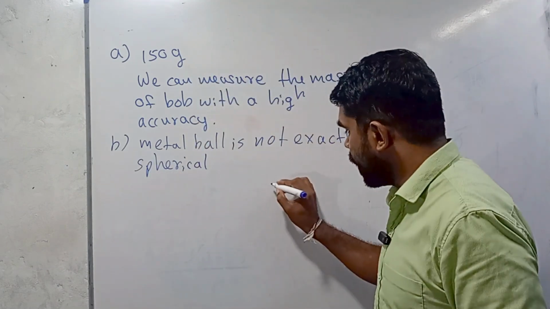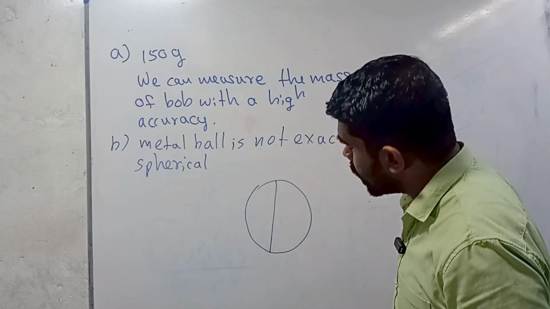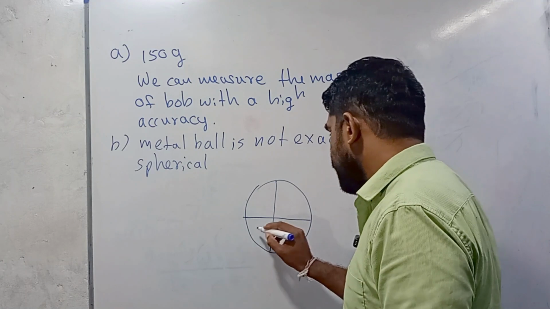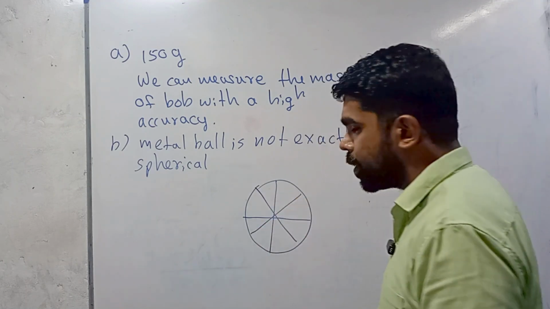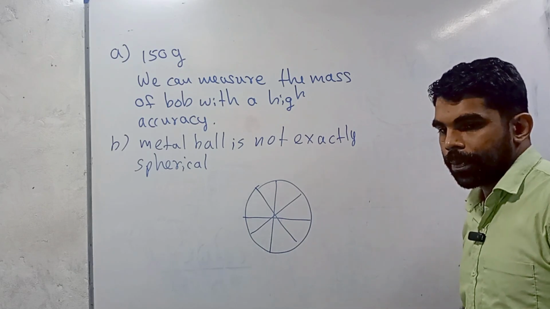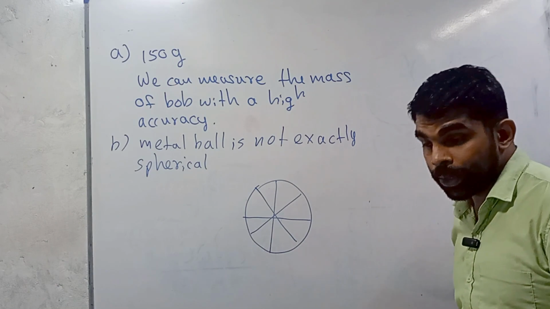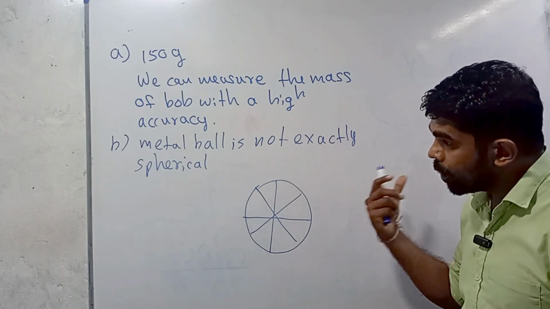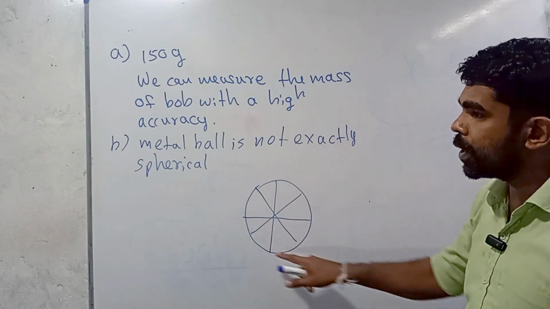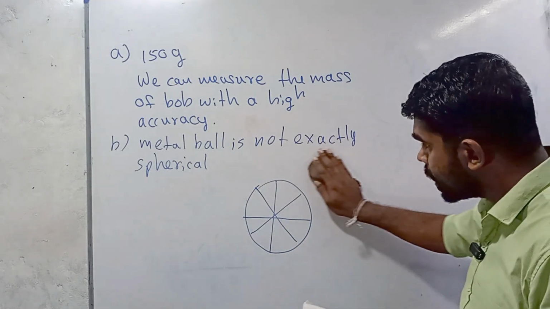We know that when measuring diameter, we are using the diameter in this direction, this direction, this direction, like this. We have to use different directions. When getting different directions, they have obtained different values. Therefore, we can consider that this sphere is not a uniform one. It means it is not exactly spherical.